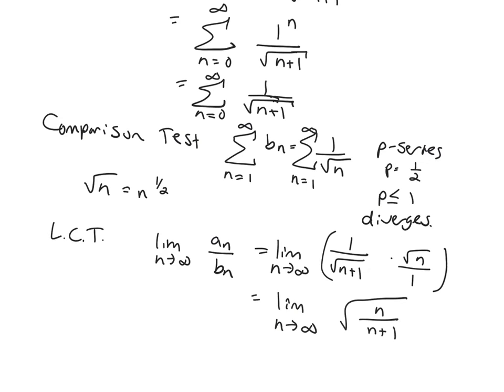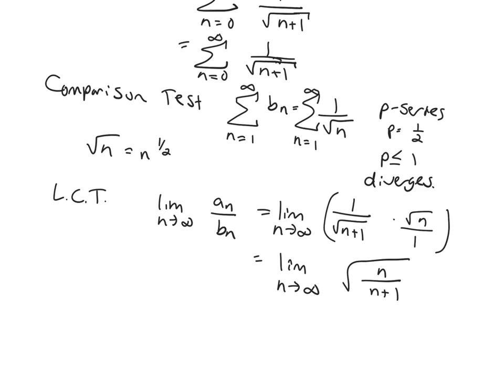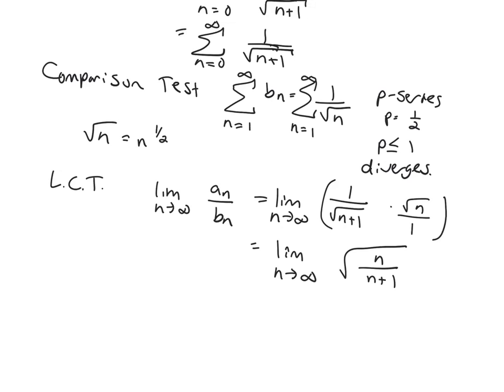And this is very similar to what we saw earlier, right? I moved the limit inside. What's the limit of the inside? N over n plus 1. It's 1. They have the same degree, so in the numerator and denominator, you take the ratio of their coefficients.